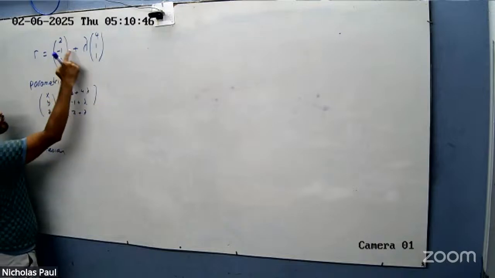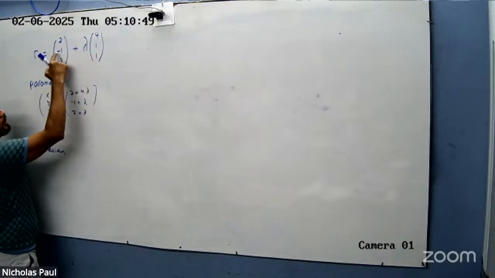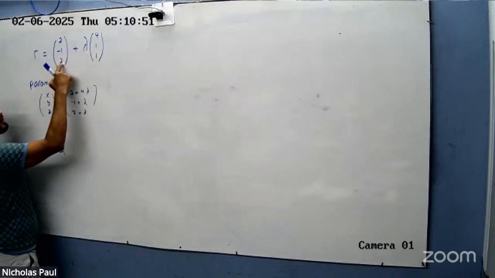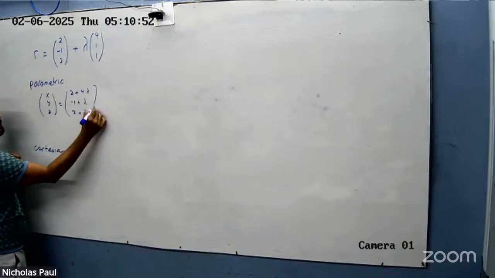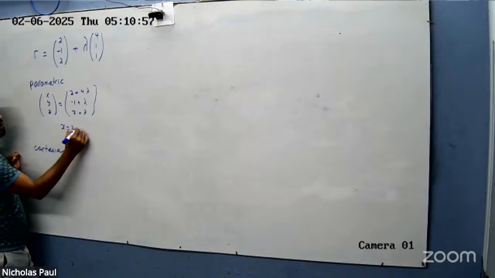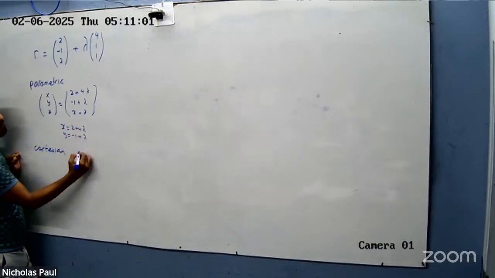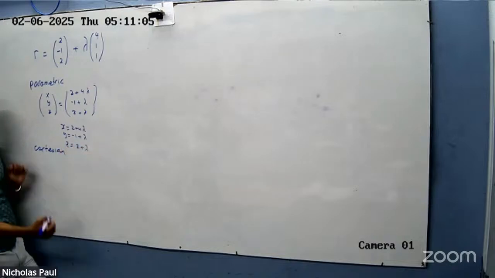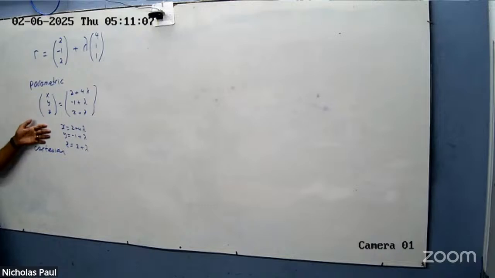Then we can say that X is equal to 2 plus 4 lambda, Y is equal to minus 1 plus lambda, Z is equal to 2 plus lambda. This here is the parametric form.